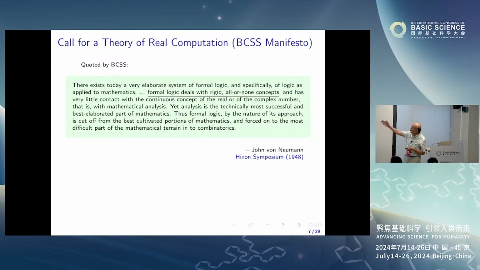They also complained about the Turing model, built in the 1930s, complaining that it is too restrictive, and so in that book.